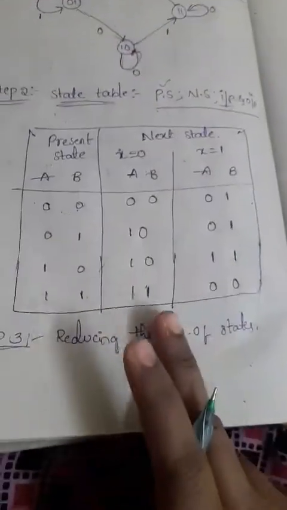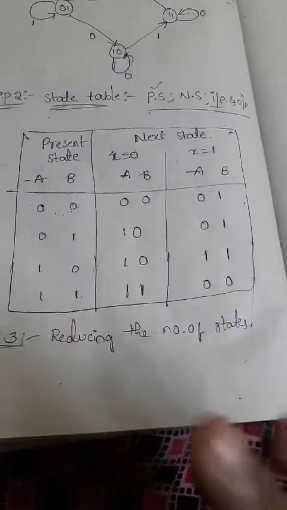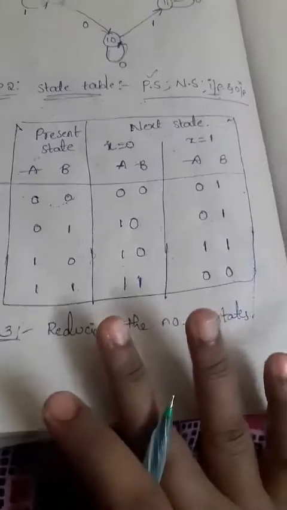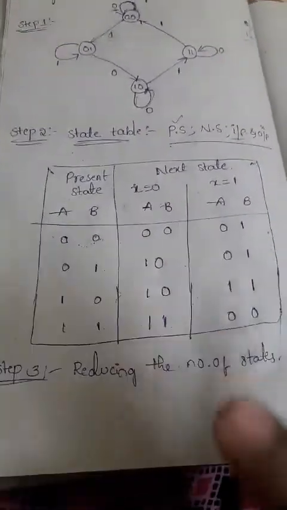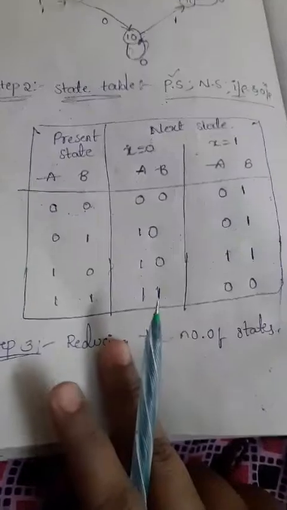If the state table has any two states that are similar, then we can reduce the states. See here, this is our state table. In the present state column, the states are 0 0, 0 1, 1 0, 1 1, so all 4 states are different.